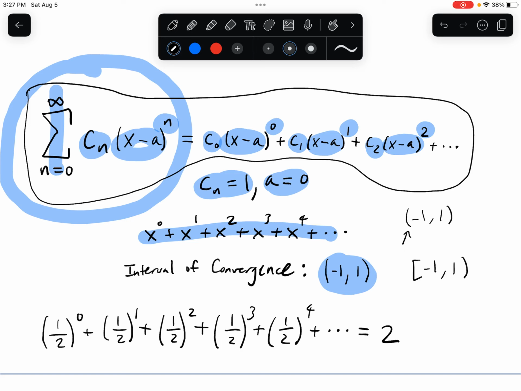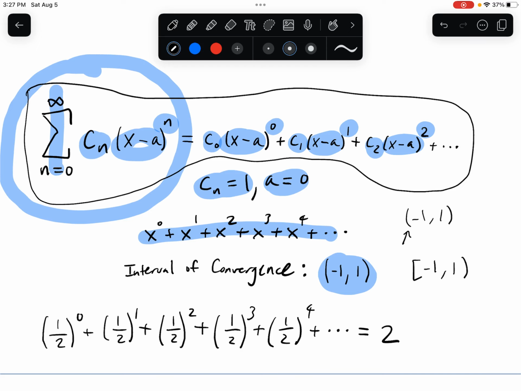And diverge basically means that as you add more and more terms, it's not going to approach a specific value, and instead will approach infinity, -infinity, or it won't approach a particular value at all. Maybe it hops between 0 and 1, for example.